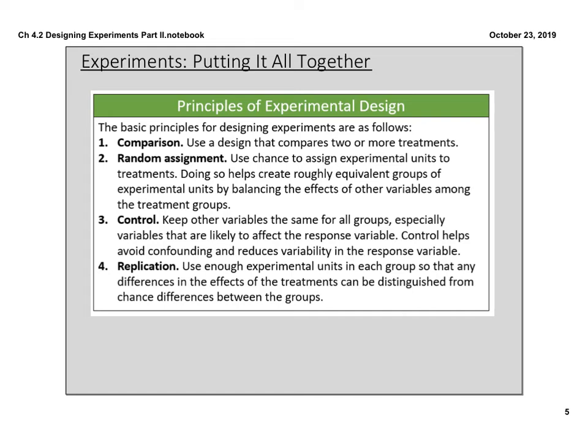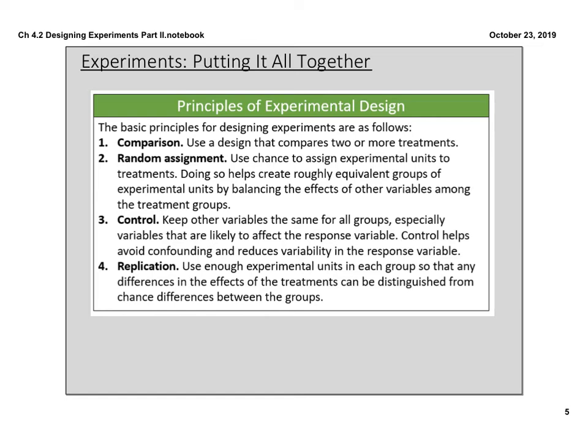Then control is making sure that you keep all other variables the same. You treat your experimental units the same. You try to control all other variables, meaning you're going to pull experimental units that are closely related to each other. They have things in common.